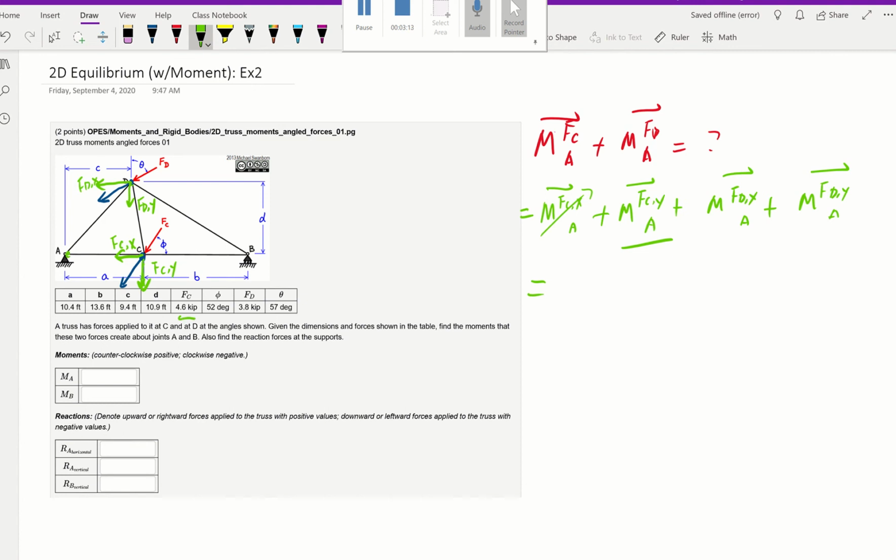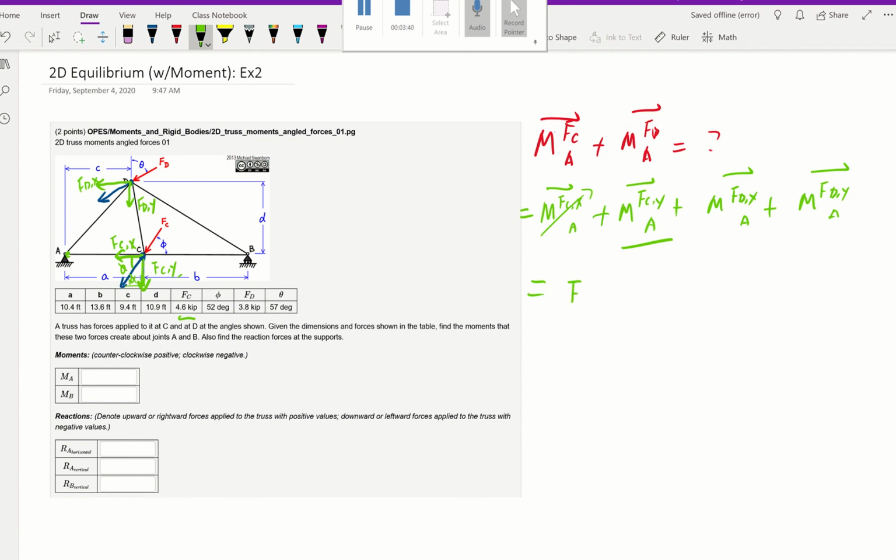Solving this first, FCY rotating about A. FC is given as 4.16 kips. Kips means 1,000, right? Kilopounds. And then the angle here, this angle is going to be psi. So your FCY is opposite of that angle, so that would be sine.